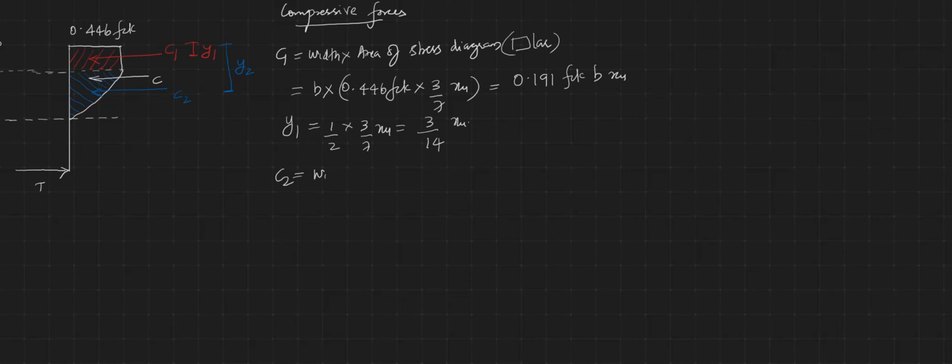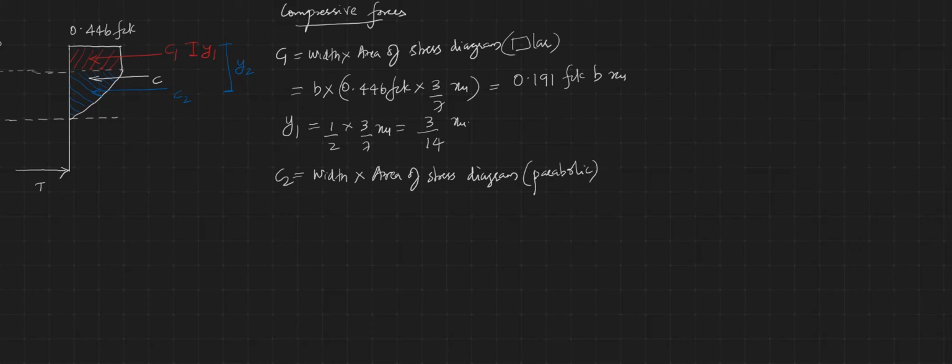Similarly, you'll get the value for C2, that is the compressive force. C2 is equal to width of this section into area of stress diagram. Here the area of the stress diagram is parabolic.